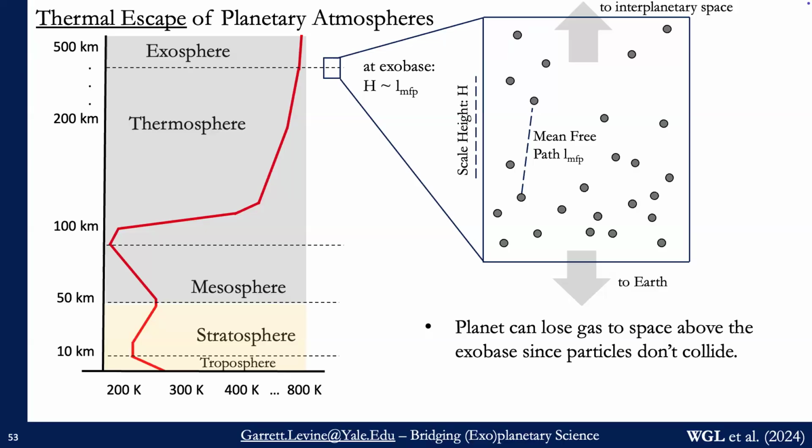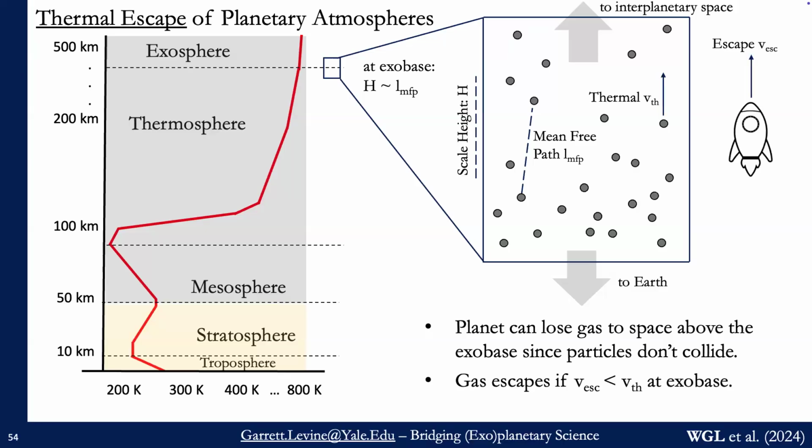This is important for atmospheric escape, because if I'm a gas particle below the exobase, I generally don't go very far before bumping into another molecule. That keeps me confined to Earth regardless of my velocity. Whereas if I'm above the exobase, I follow a ballistic trajectory. I don't really hit anything, and nothing is confining me to Earth. If my thermal velocity exceeds the escape velocity, then there's nothing stopping me from being lost to interplanetary space.